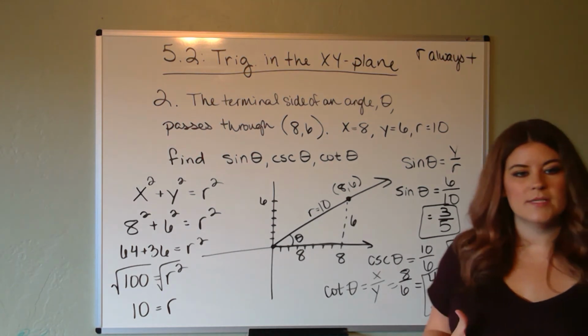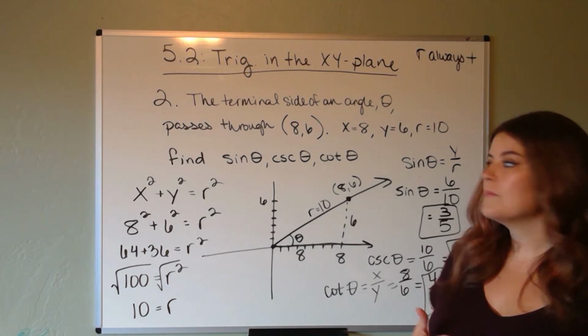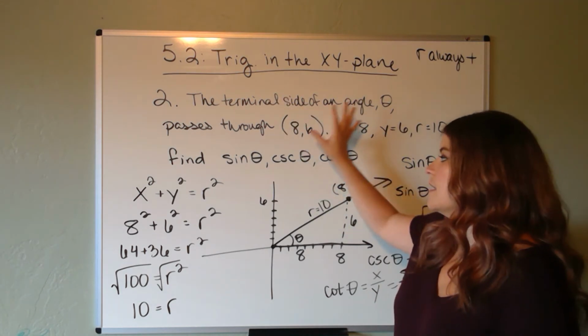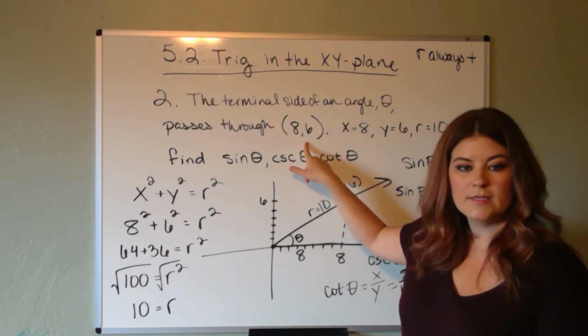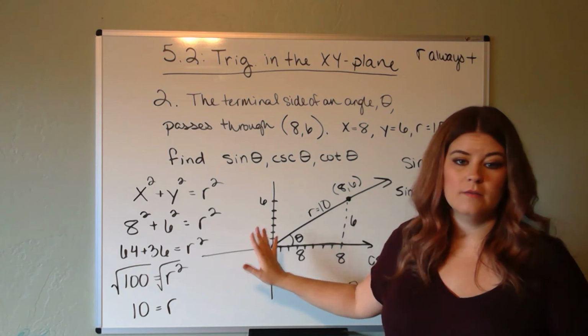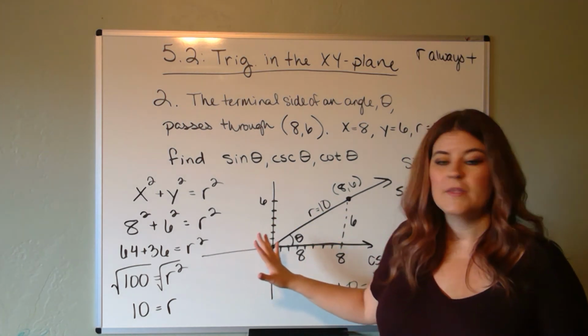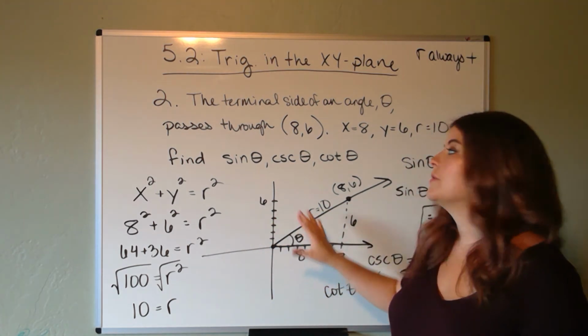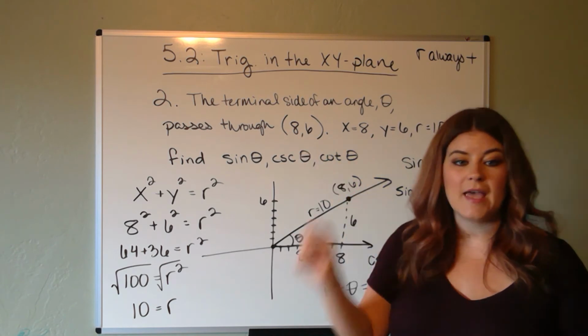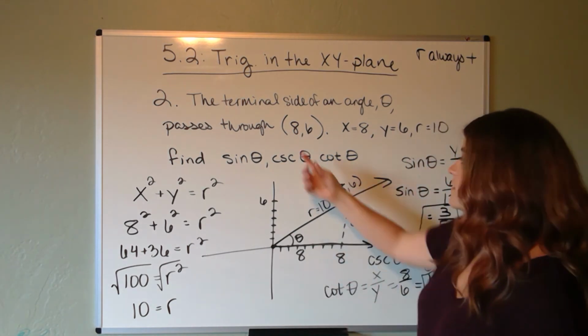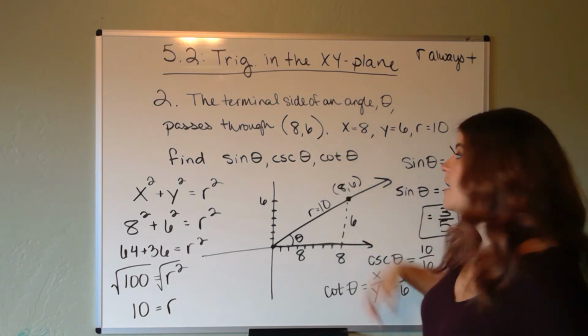So you have some problems like this. They're worded exactly the same way. It'll say the terminal side, blah, blah, blah, passes through a point. You don't have to draw any pictures if you don't want to for these examples. This point it gives you will be x, y.